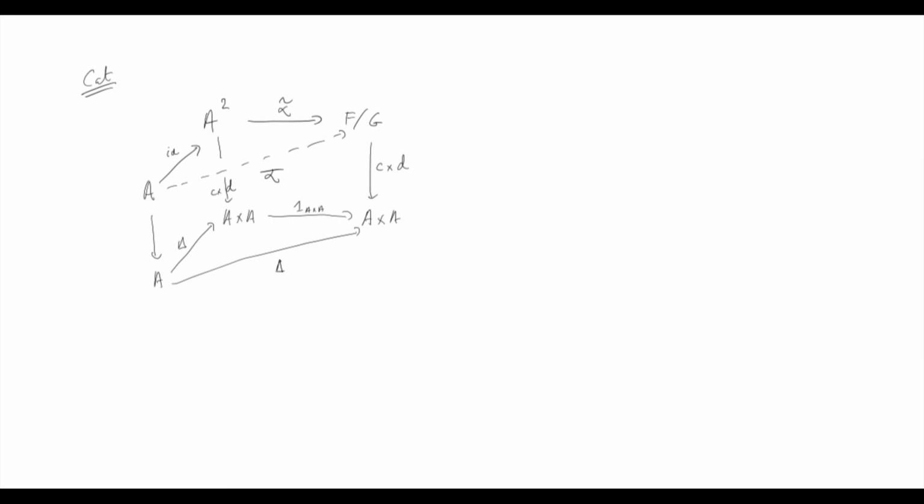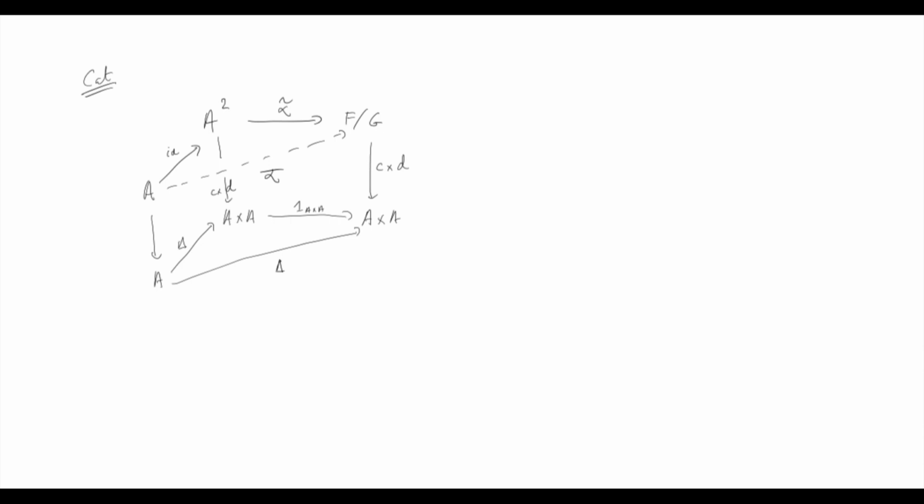Now, how do we recover the first transformation alpha bar that we had? Well, we see that if we precompose alpha tilde by the identity functor, which to every object of A associates the object of A square or A over A, which is the identity morphism at this object, we get alpha bar.